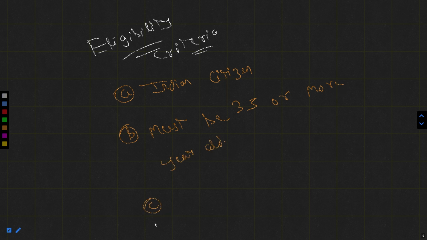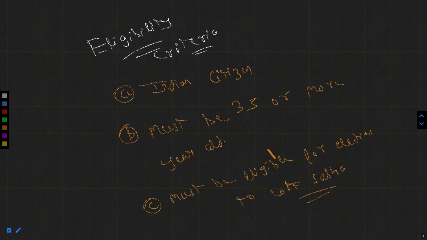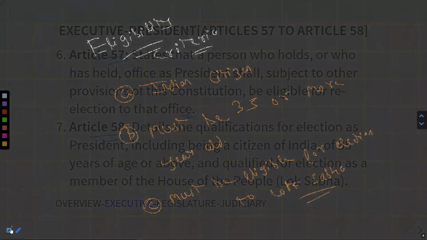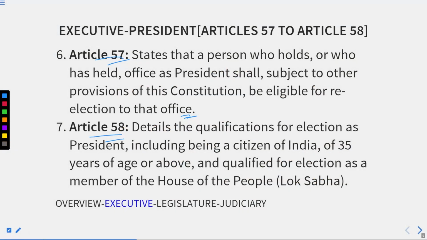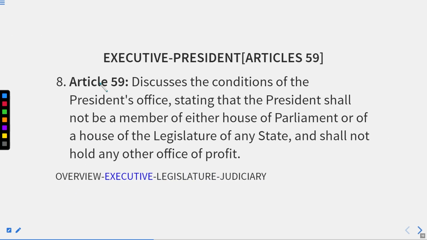And last one, he must be eligible for elections to Lok Sabha. If these 3 conditions are fulfilled, then the person could participate in the presidential elections as per Article 58. Move forward.